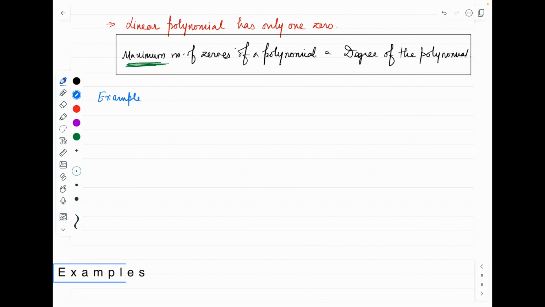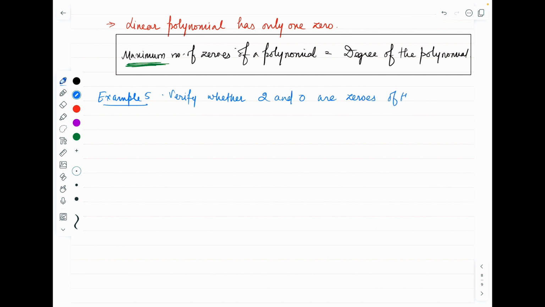Example 5th. Fifth example is: verify whether 2 and 0 are zeros of the polynomial x square minus 2x.